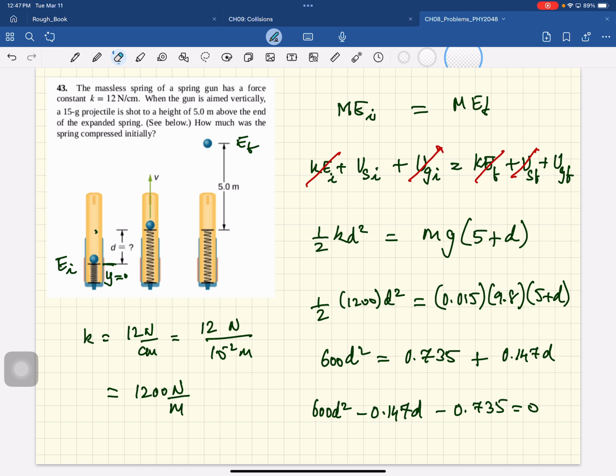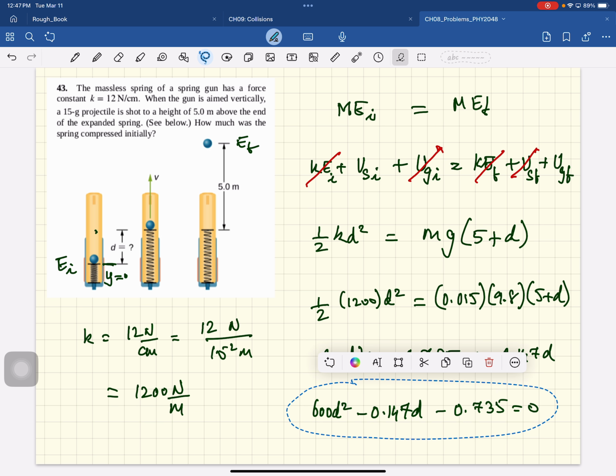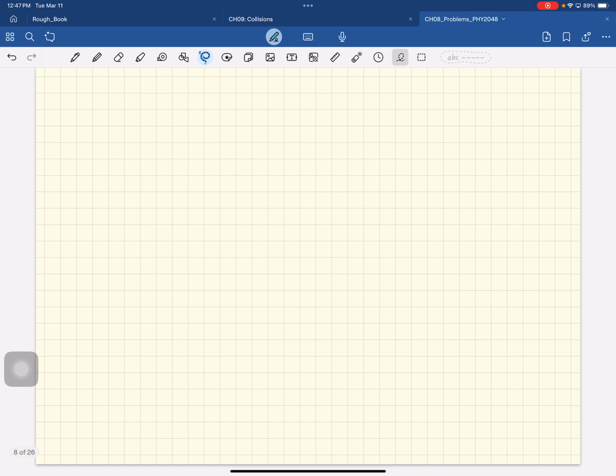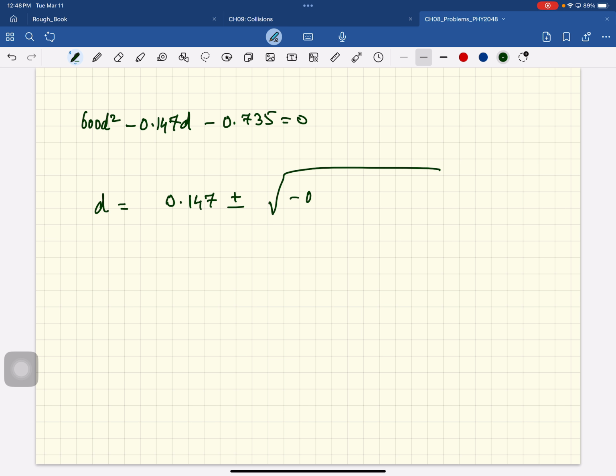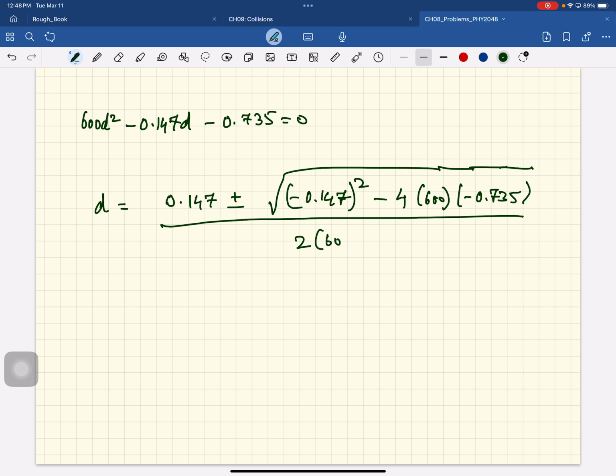So there's a quadratic equation, and we can solve for D. All right, so the solutions are D equals minus B, 0.147, plus or minus the square root of B squared, which is minus 0.147 squared, minus 4AC, divided by 2A.